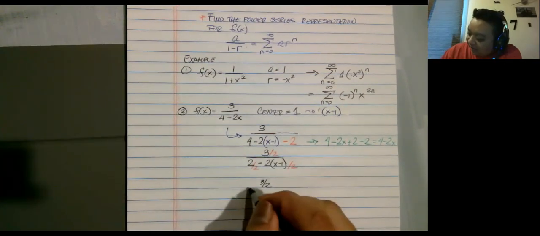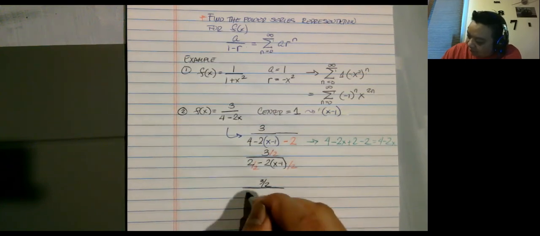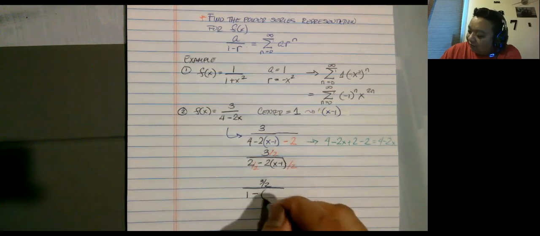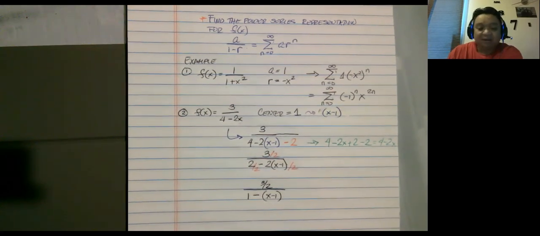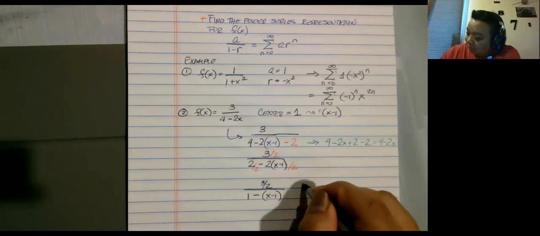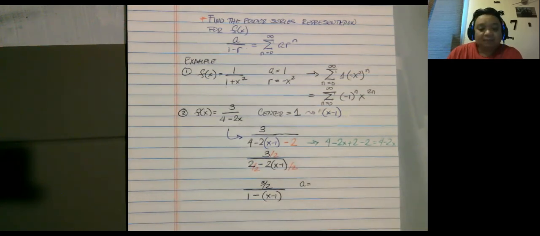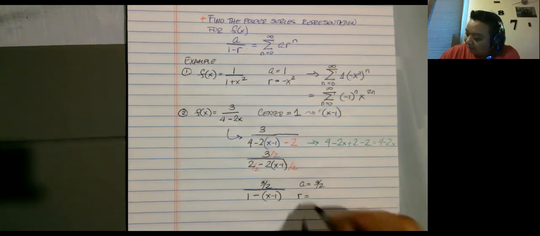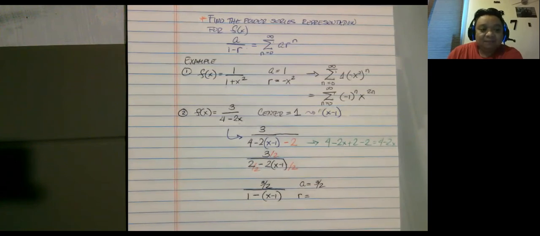We now have 3 halves over 1 minus, and this 2 would cancel, and you're left just simply with x minus 1. So now with that, what is a? 3 halves. And what is r? x minus 1. And that's what you want, right?